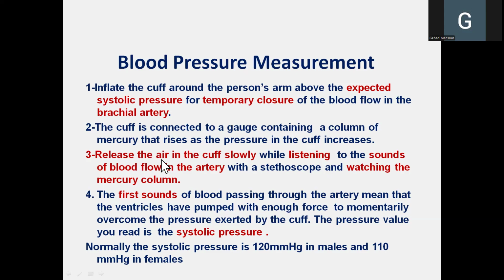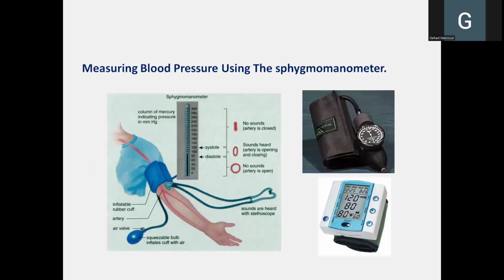By deflating, by releasing the air in the cuff very slowly, not all at once. If you deflate the cuff all at once, you would skip the level of 80 or 70 or 60 millimeters mercury, which is the level of the diastolic pressure of the patient.